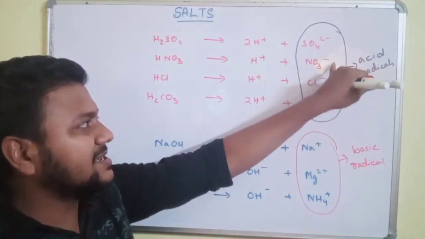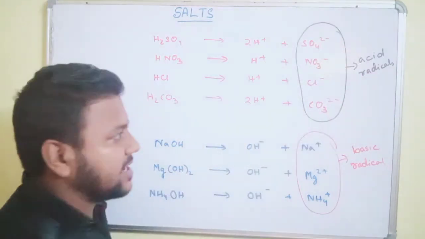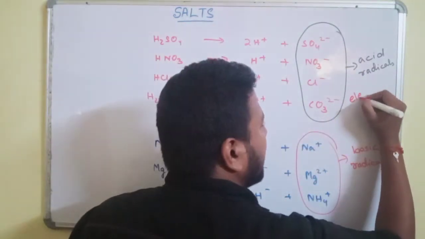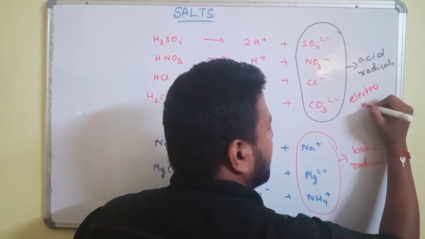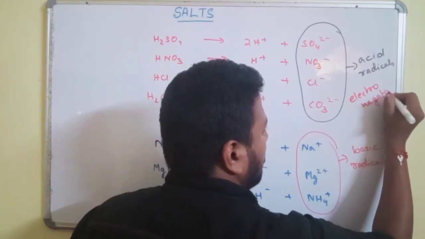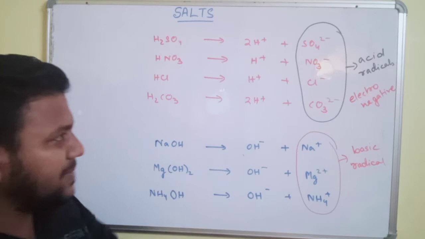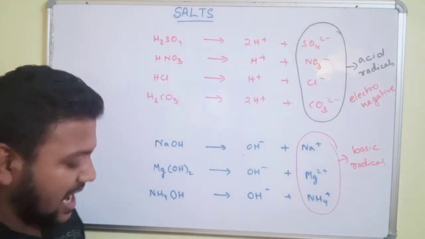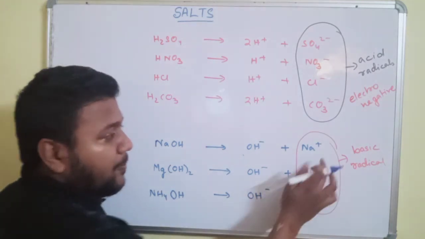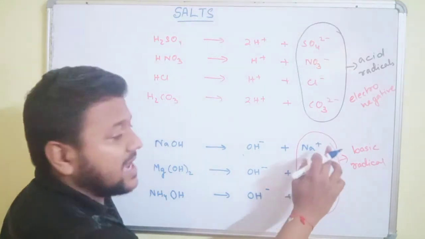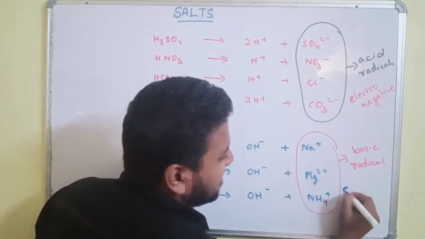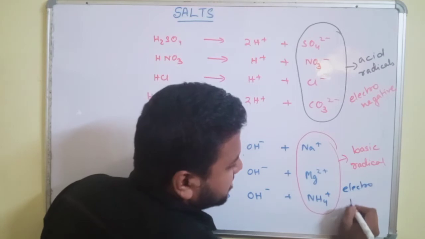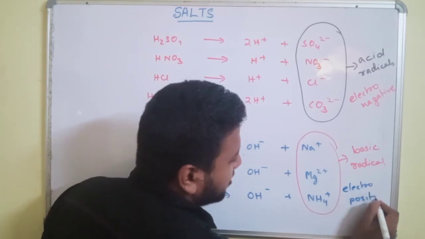Now acidic radicals have a negative sign, so they are electronegative in nature, whereas basic radicals have a positive charge, and hence they are electropositive.